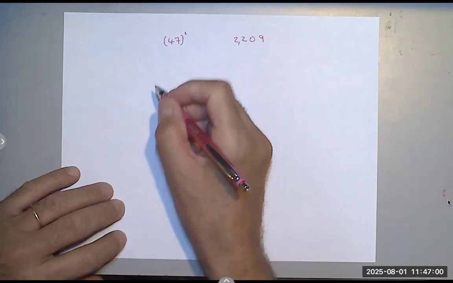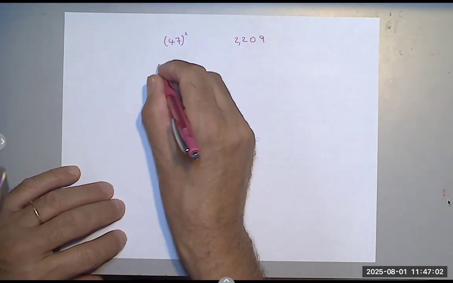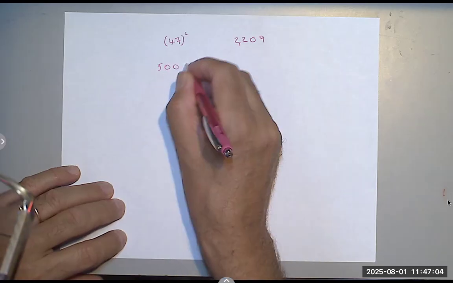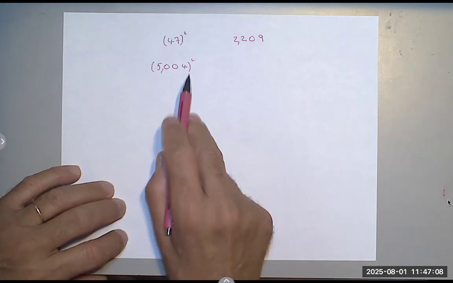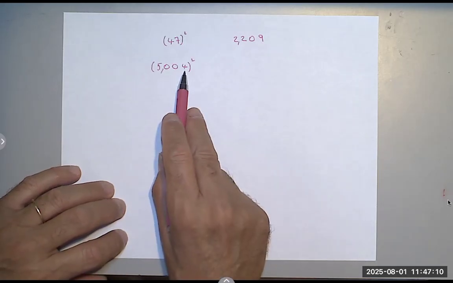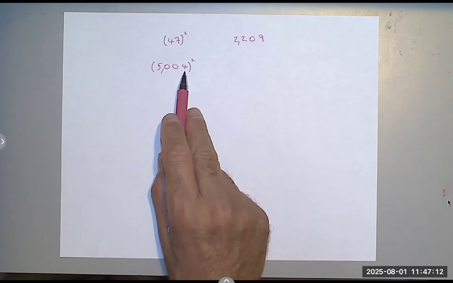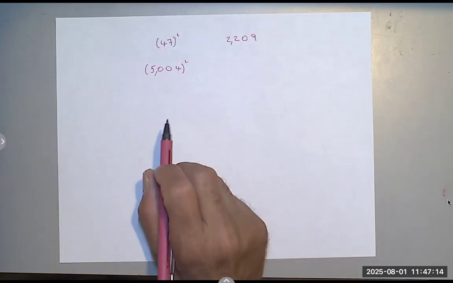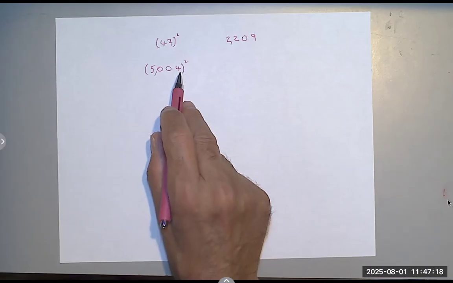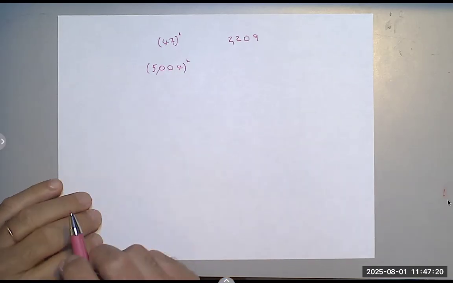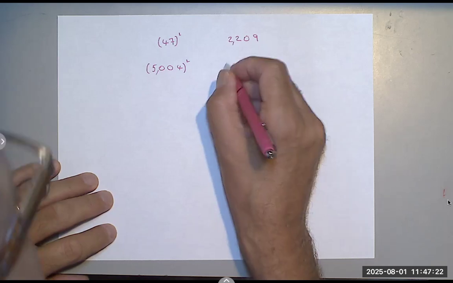Let's take a bigger number and maybe above 50 or 500. So let's say if I want 5004 square, I say that's 4 more than 5,000. 5,000 is half of 10,000 that has 4 zeros. So first of all, I take 4 more than half of 5,000. Half of 5,000 is 2,500.